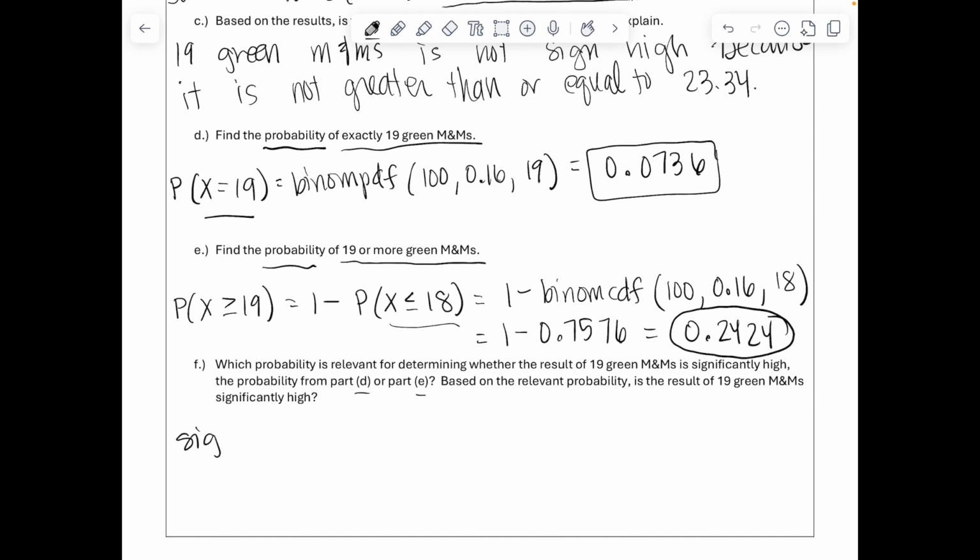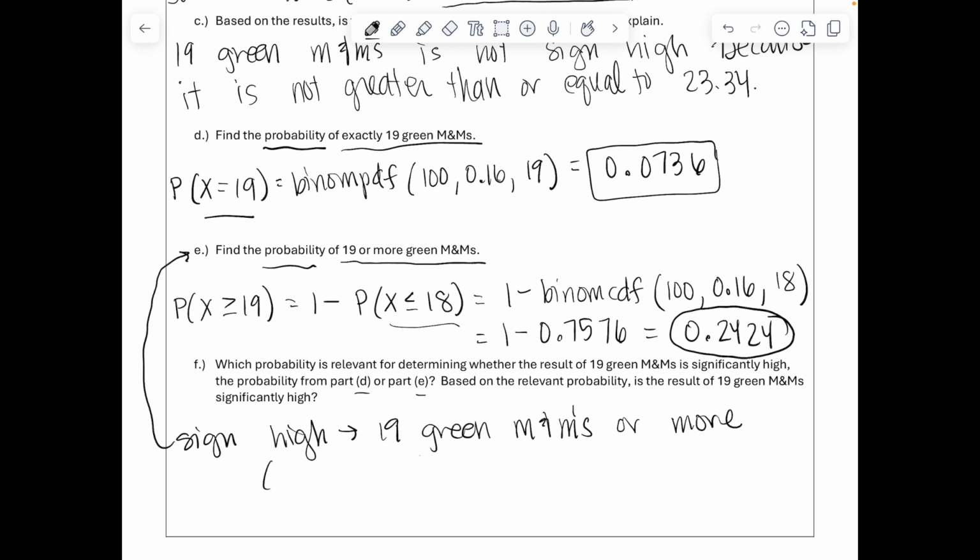So for significantly high, we would have 19 green M&Ms or more. And that is exactly what matches up here with E. So this means that E is relevant.